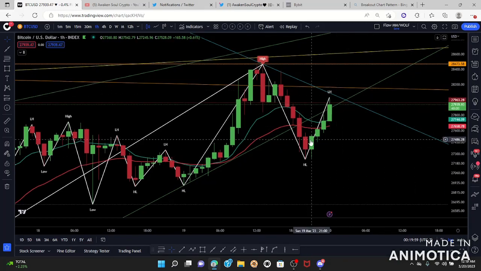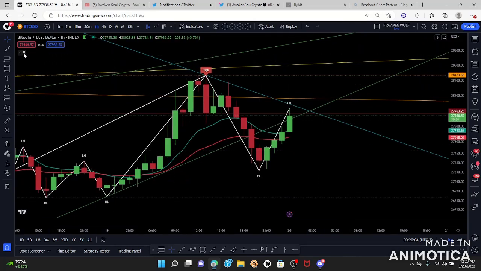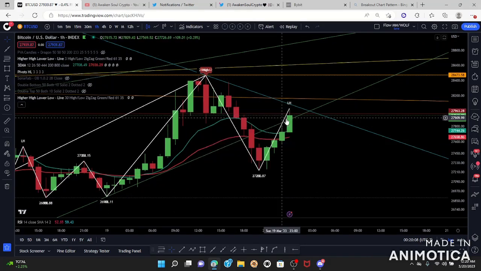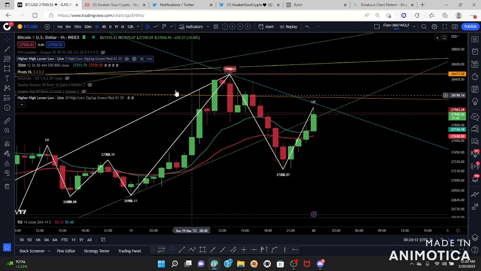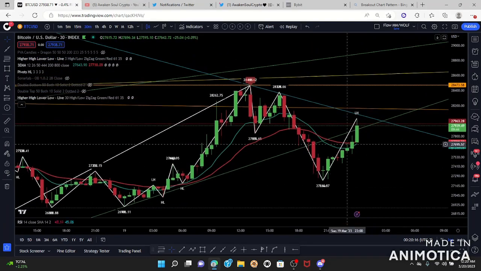You can see it, and then continuation to the downside. Also, pivot highs and lows not only show you the exact price action, but they're also a way to see your support and resistance.